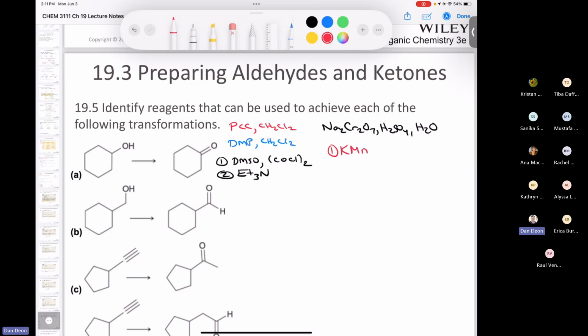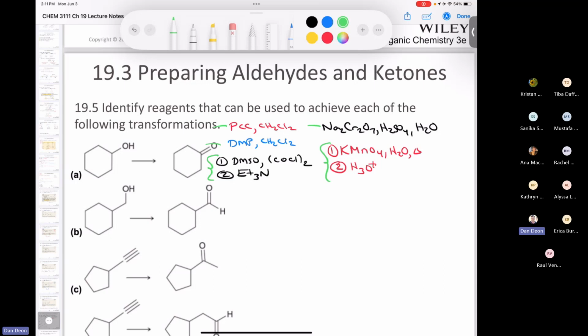So step 1 is potassium permanganate, water, and heat. And then in the second step, use H3O plus. So all of these methods will work to oxidize a secondary alcohol to a ketone.